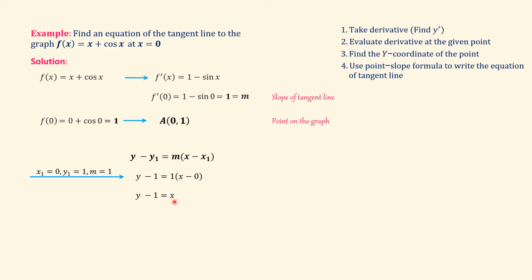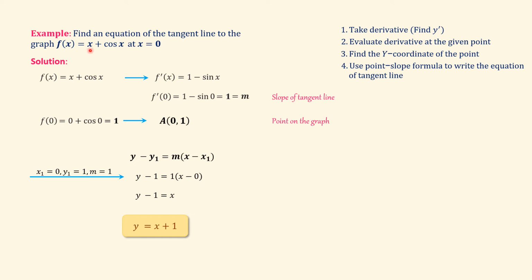Now if we add 1 to both sides of this equation, we can write the equation of the tangent line in the following form. y equals x plus 1. We move the negative 1 to the other side of the equation and we get to this form. This is the equation of the tangent line in the simplified form for this function at this point.